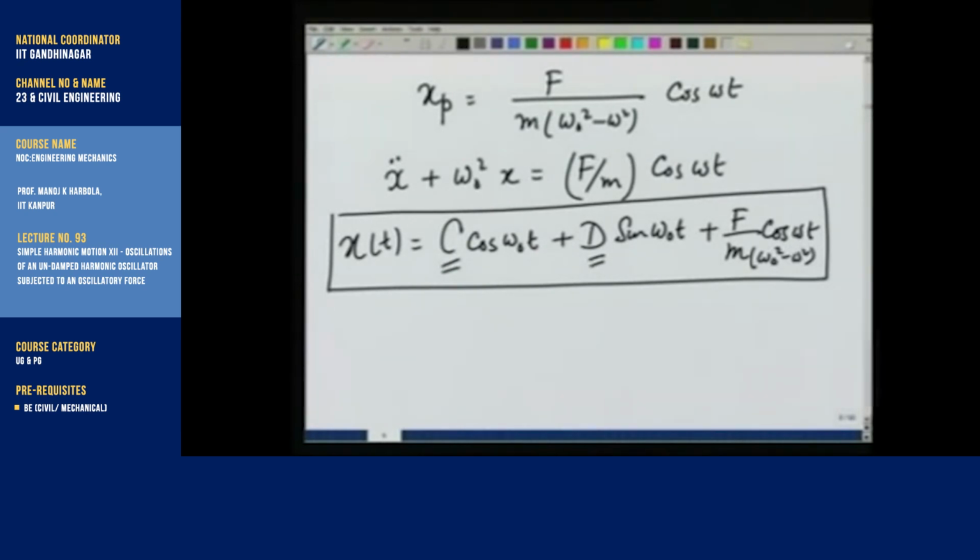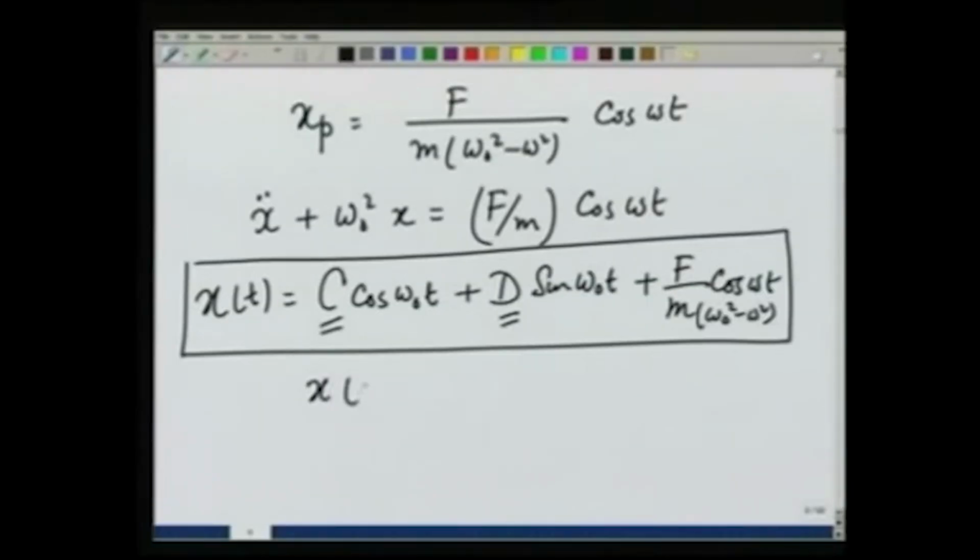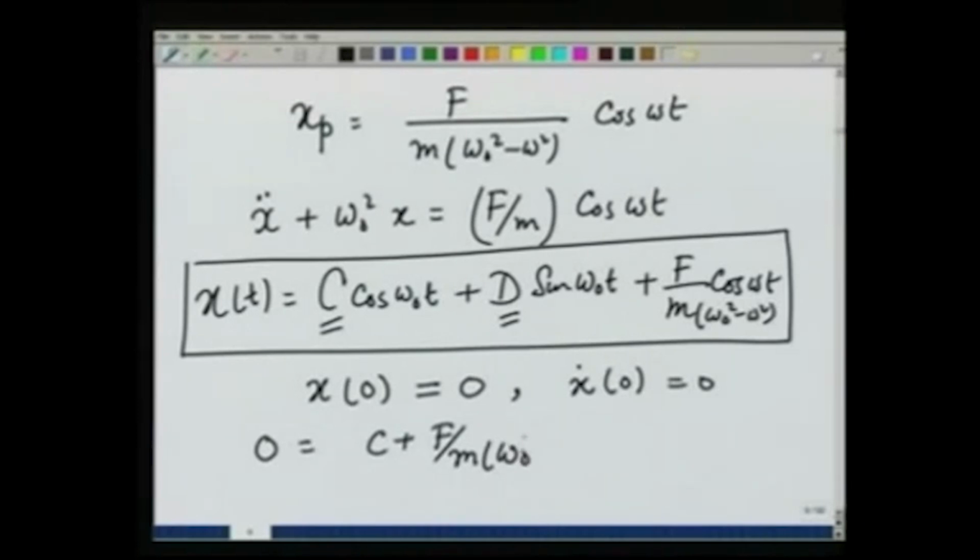Let us now take an oscillator on which I start applying this force such that initially it is at 0 position at its equilibrium point, and it also starts with 0 velocity, x dot is also 0, and I want to determine coefficients c and d accordingly. When I substitute x 0 equals 0, I get 0 is equal to c plus f over m omega 0 square minus omega square, or c is equal to minus f over m omega 0 square minus omega square.